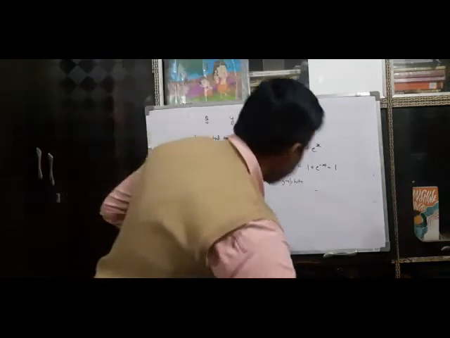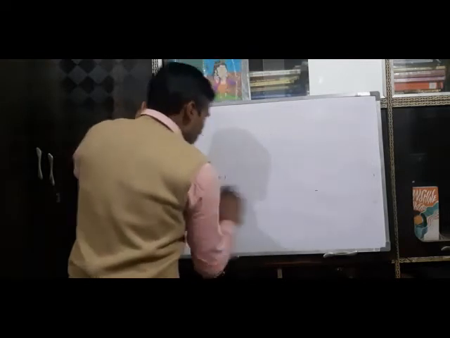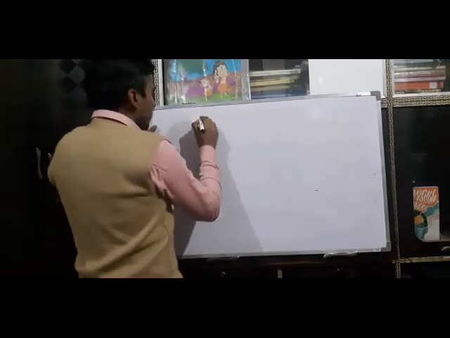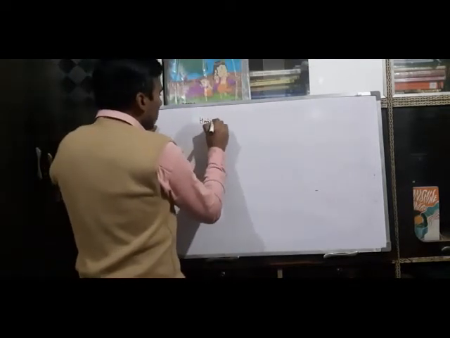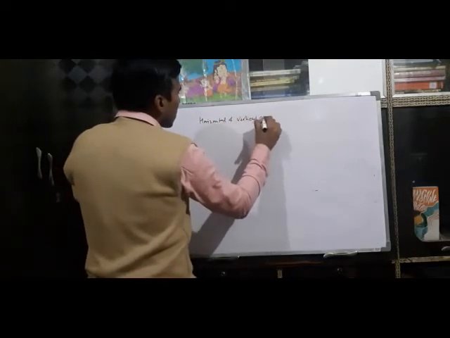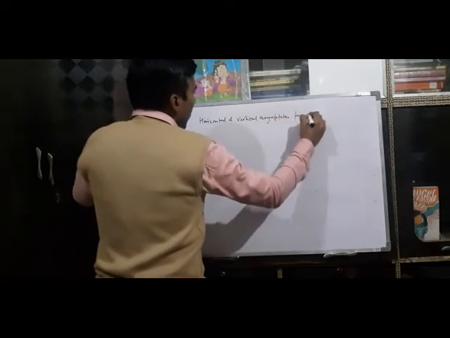Now we discuss a method to find the horizontal and vertical asymptotes for an algebraic curve.